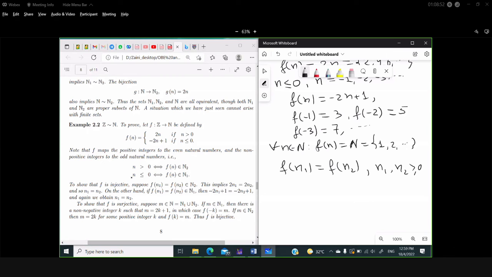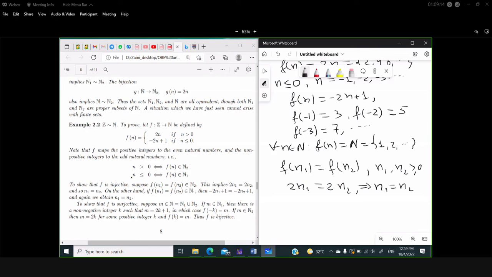Under this condition, f of n1 is 2n1, equal to 2n2. And from here I can get n1 equal to n2. Injectivity holds.